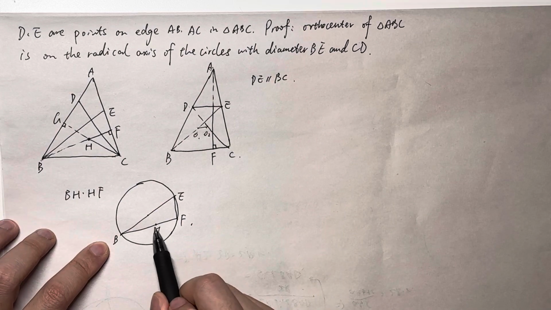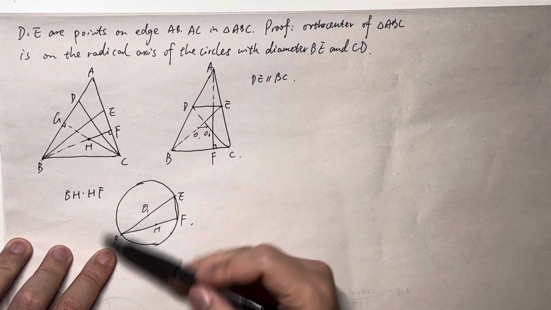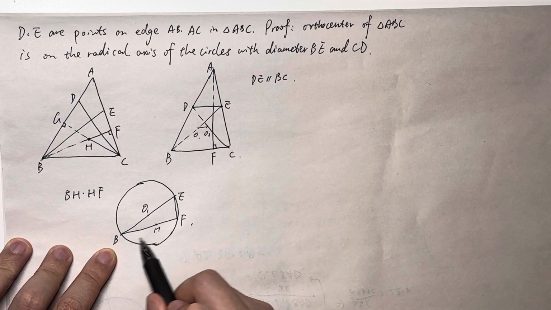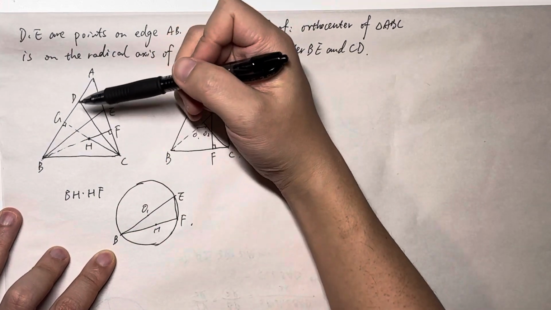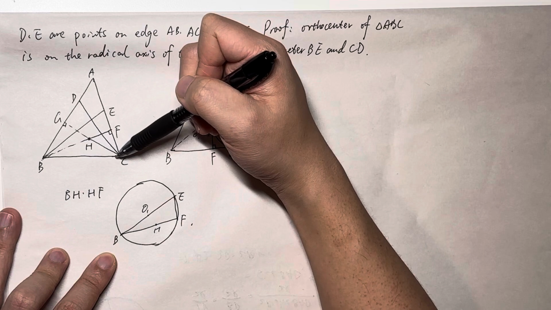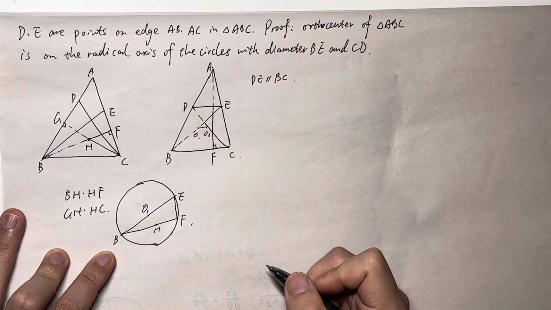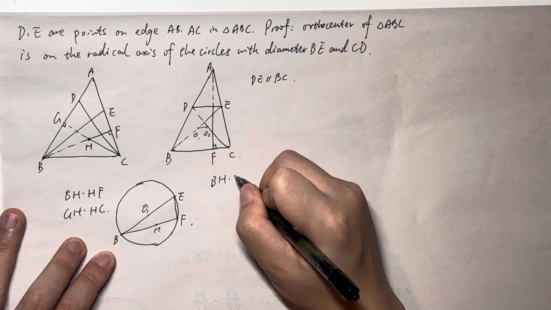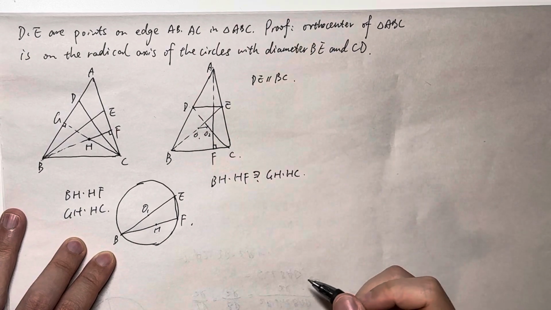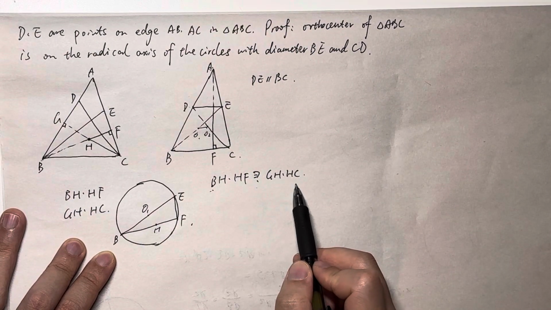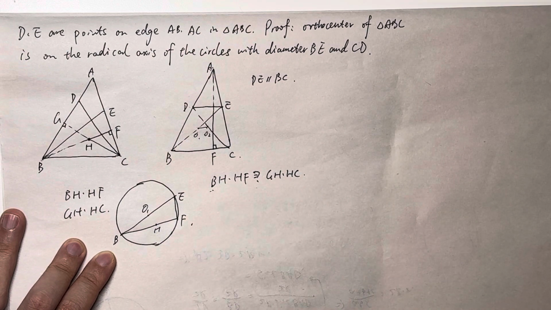So the power of H with respect to the circle with diameter BE is BH times HF, and the power of H to the circle with CD diameter is GH times HC. So the question is whether BH times HF equals GH times HC, right? If these two power products are equal, that means H is on the radical axis.